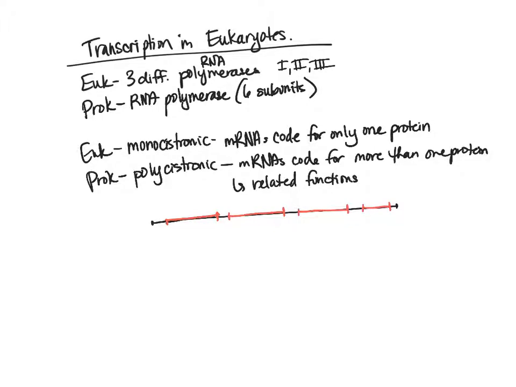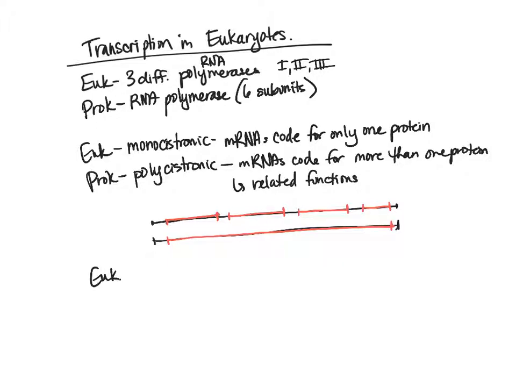Versus in eukaryotic organisms, if we have this same long mRNA, then this entire thing is coding for the one protein. So we have one mRNA for one protein, versus in prokaryotic organisms, they make one long mRNA that has several proteins that all have related functions. So they're all made at the same time, all together. They don't have to make multiple mRNAs to have multiple proteins.